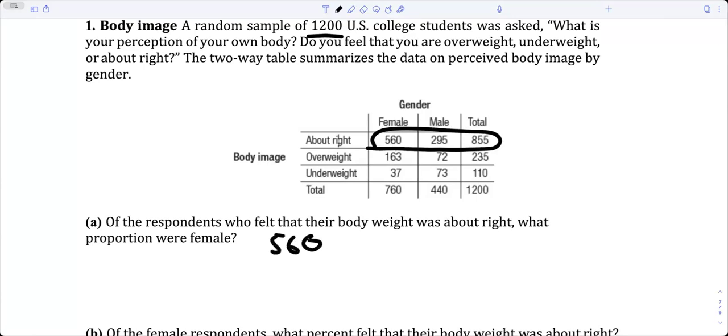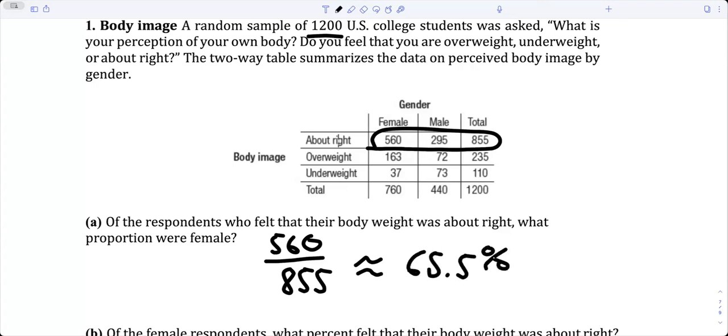So that's 560 out of a total of 855. And so that percentage, somebody want to help me out? Okay. 65.5%.